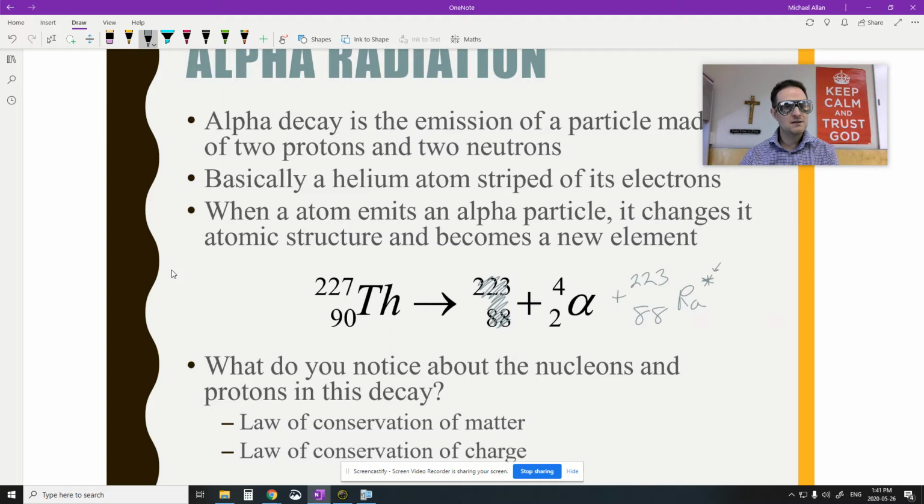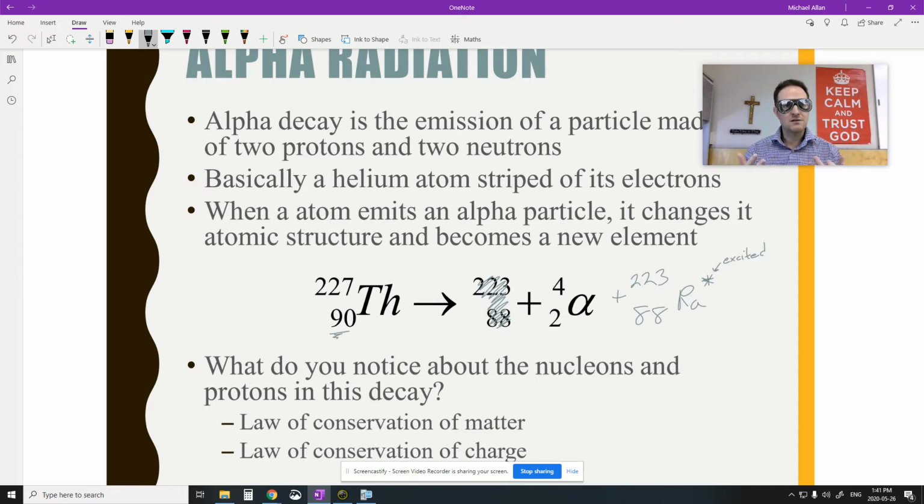This just indicates that this is an excited atom. When atoms undergo radiation like this, when they lose a piece of themselves, they become excited. Their electrons are in the wrong spot, because the electrons are supposed to be in the shell based on a 90 proton atom. So they have a different electron configuration. And as soon as you lose 2 protons, your shells have to change to accommodate that.